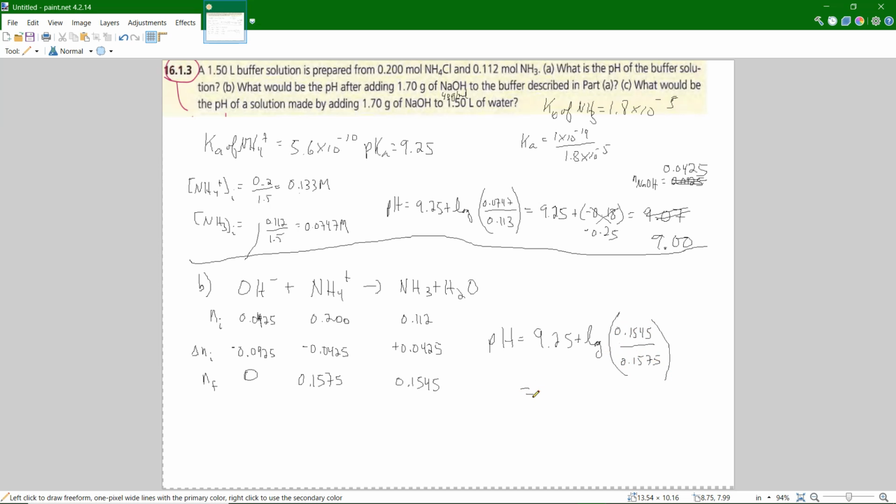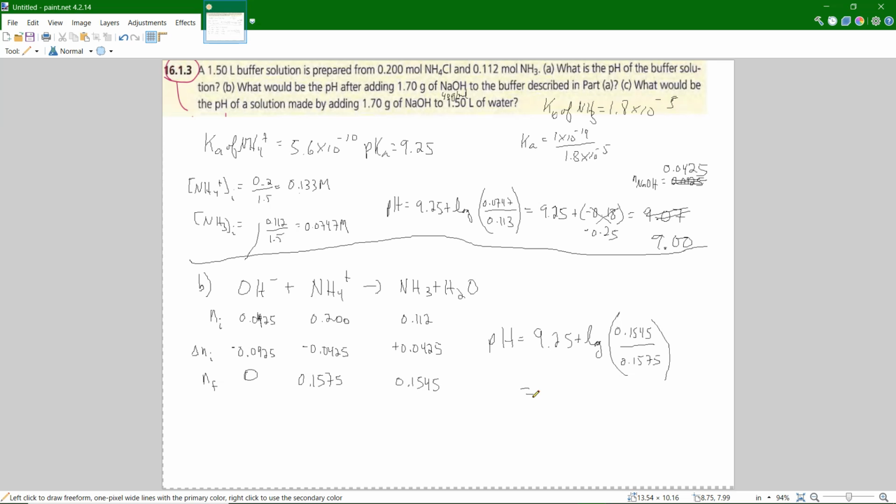Okay, so you got 0.1545 divided by 0.1575. Okay, then I'm going to take the log of that answer, and I'm going to add that to 9.25, and I get 9.24.